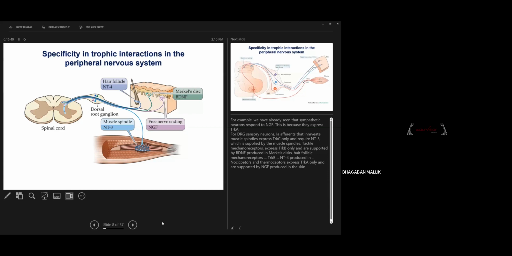Here, these are the neurons, the dorsal root ganglion neurons. They are innervating the muscle, or they are going to the skin. In the muscle spindle, basically, it has NT3 neurotrophins. So you have receptors present in the neuron, and you have these molecules like neurotrophins present in the targets.